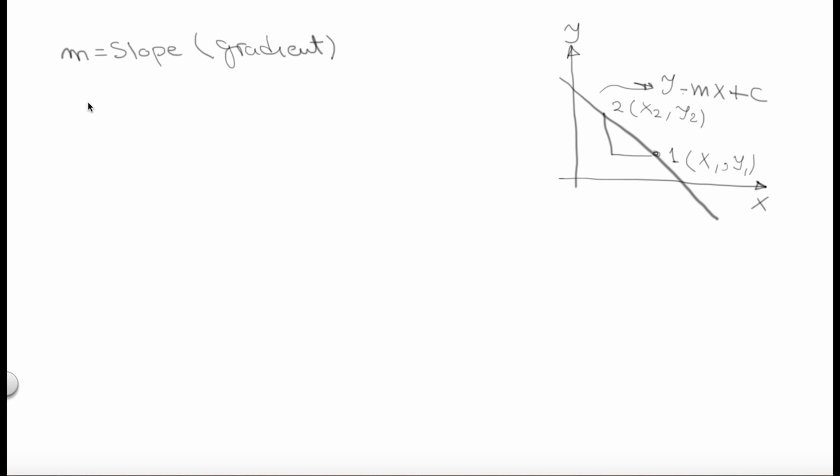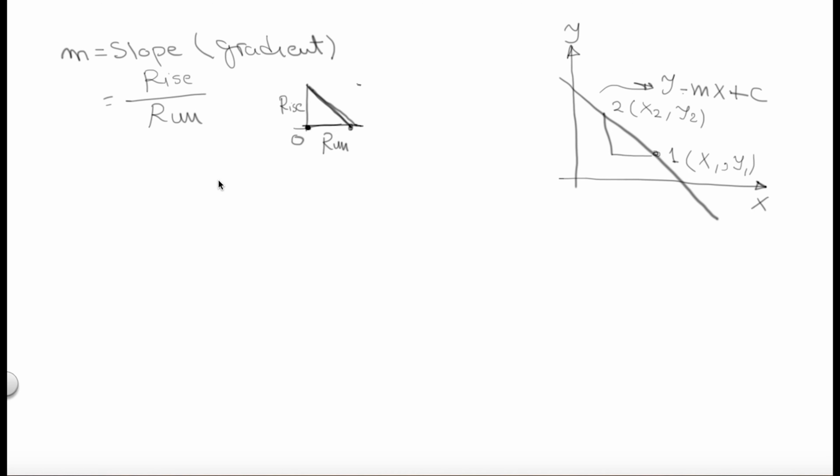So what is m? M is a slope or a gradient, and we could find it by a simple equation, rise over run. What does that mean? If we have this line, and we have a point here as a benchmark, this has a rise from down to up and a run from here to here.